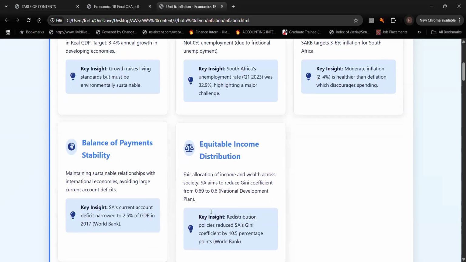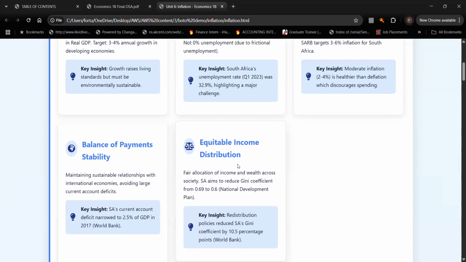So I was looking at some of the key metrics that come along with equitable distribution of income and wealth. In South Africa, I think the GDP per capita, which is usually used to measure the general distribution without looking at the actual distribution of wealth, is around 6,000 United States dollars. In countries like Nigeria, it's around 2,000 United States dollars.